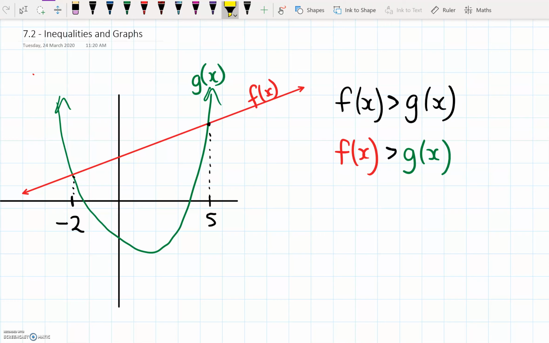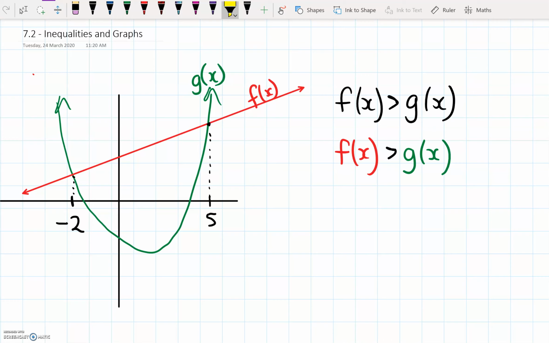Now, in this case, you should be able to see that at -2 and at 5, the functions are equal. So at -2 and at 5, those functions have the same value. So we know that this situation where the red function is higher than the green function, the red line is above the green line, will happen either in between -2 and 5 or outside.